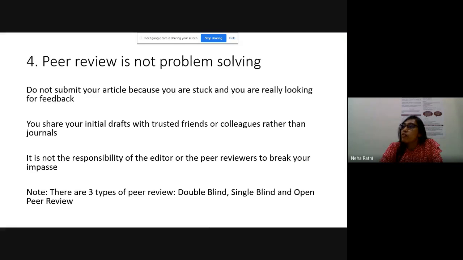Now, peer review is not problem solving. Why? What happens generally when we write a publication or a manuscript, we are very good till the results. We have written the introduction, methods, results. But the most difficult is the discussion. And you will face this problem when you write your thesis also. It's the most challenging part to write, let me tell you. How you integrate, how your soundness of scholarship matters there, your citations, how you counter-argue.